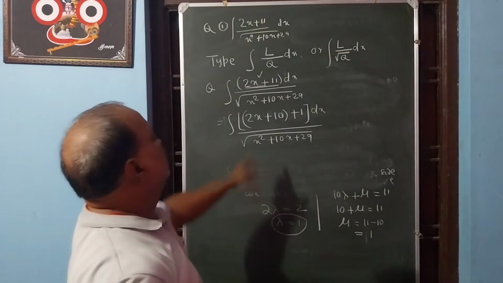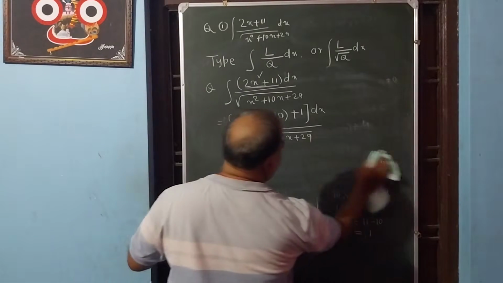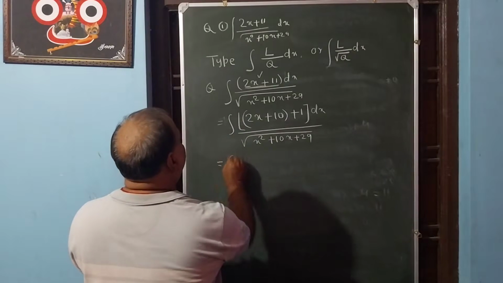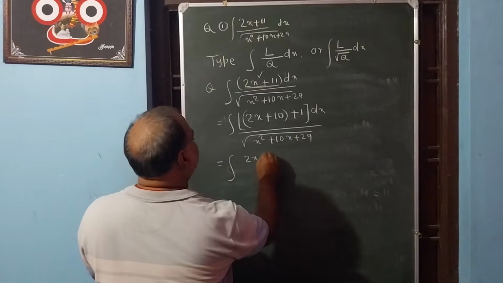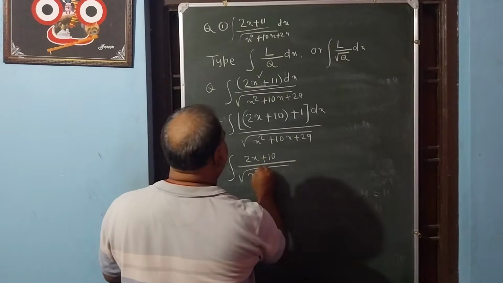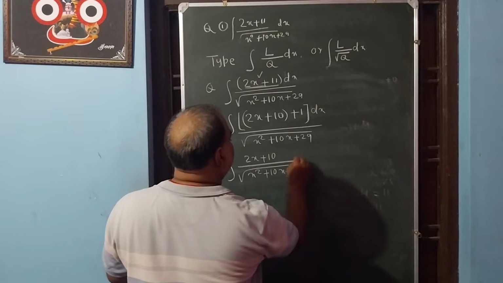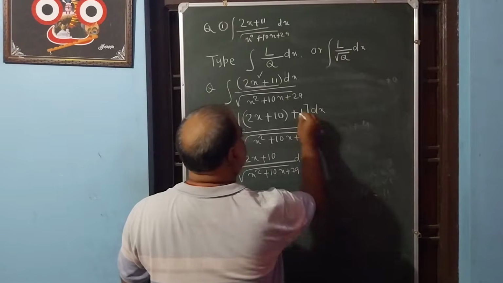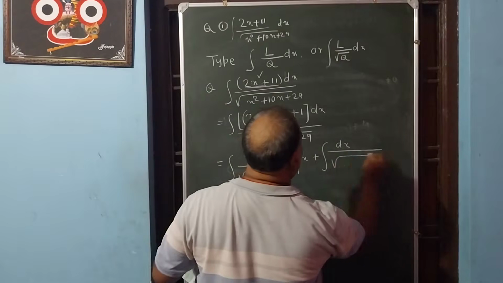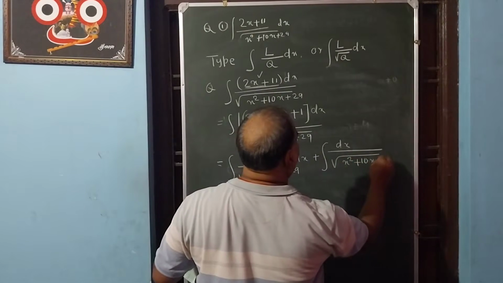Now it can be broken into two integrals: the integral of 2x plus 10 divided by root over x square plus 10x plus 29 dx, plus the integral of dx upon root over x square plus 10x plus 29.